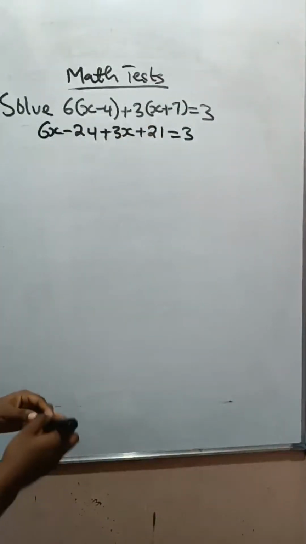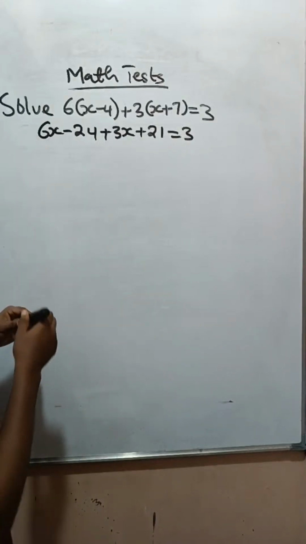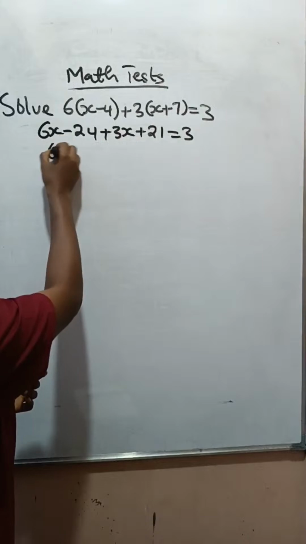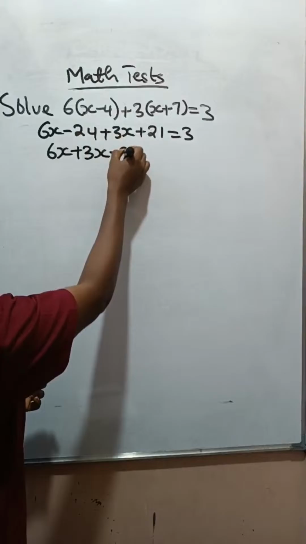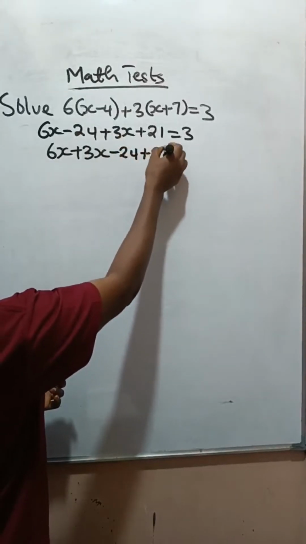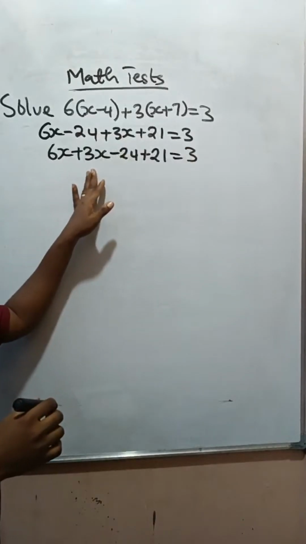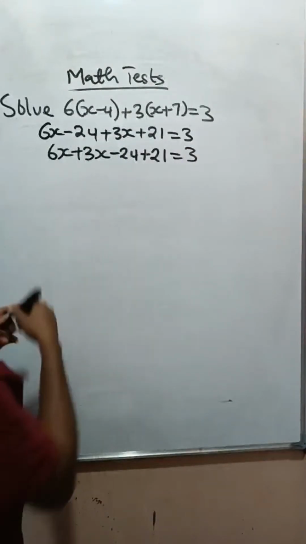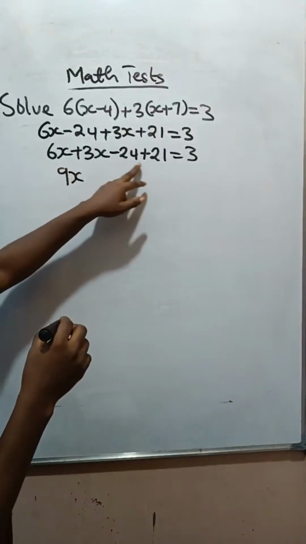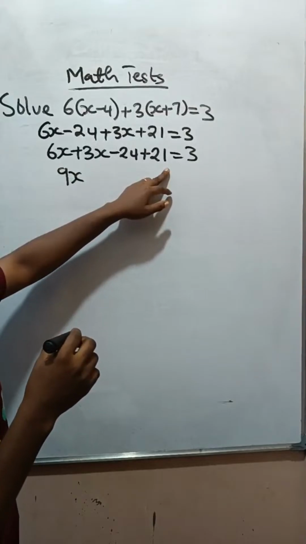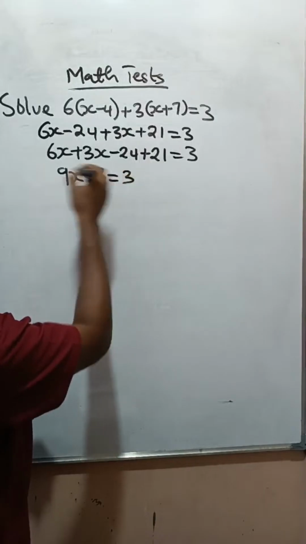All right, the next step, let us collect like terms. So we add 6x to 3x, and we have minus 24 and plus 21 is equal to 3. Now 6x plus 3x will give us 9x. Then minus 24 plus 21 will give us minus 3 is equal to 3.